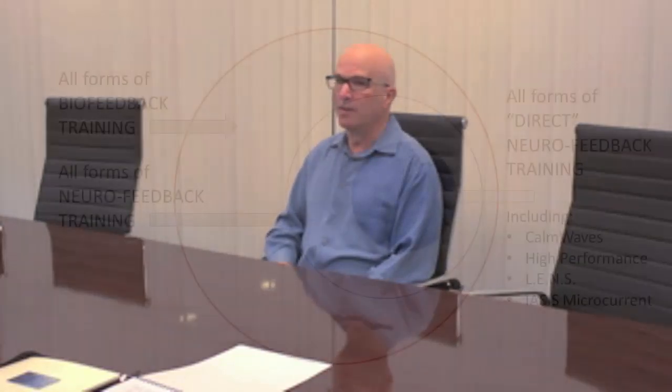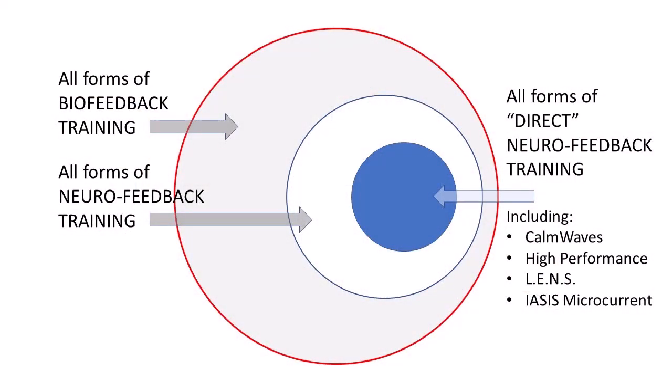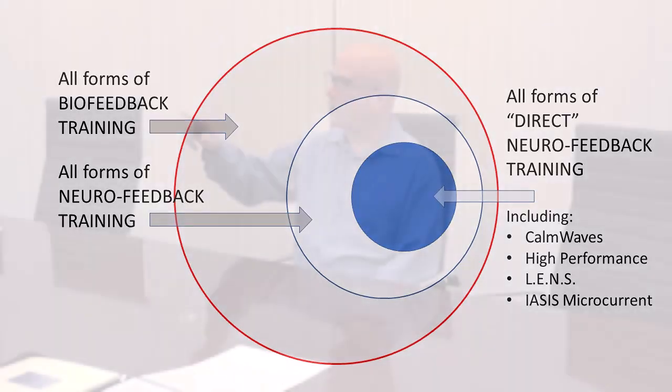So neurofeedback is the same idea, except the medium, instead of it being skin temperature, is brain waves. Brainwave amplitude, brainwave frequency, how fast it is, how slow it is. And similar to skin temperature, we put sensors on the scalp. And let's say we're just looking at frequency. If brainwave frequency goes faster, let's say a green bar goes up, and when it gets slower, the green bar goes down.